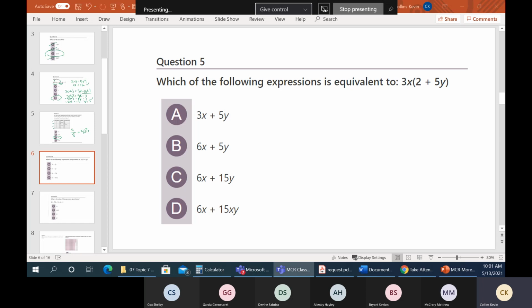Glad to have you here. So this one here is just going to be a little bit of distributive property, so it should be pretty simple. So go ahead and work on that, and then we'll talk.